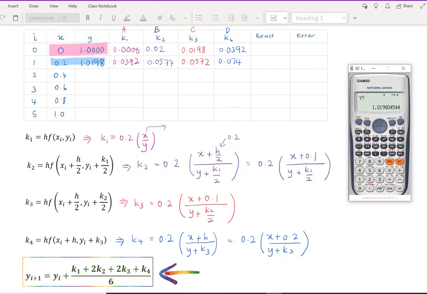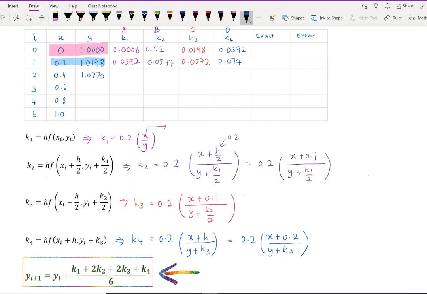Y is 1.0198, our A value is there, B, C and D, and that equals our new Y, which is 1.0770.